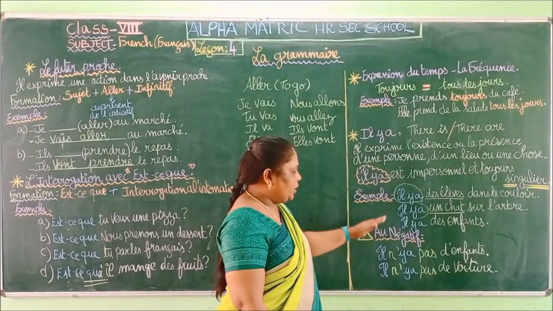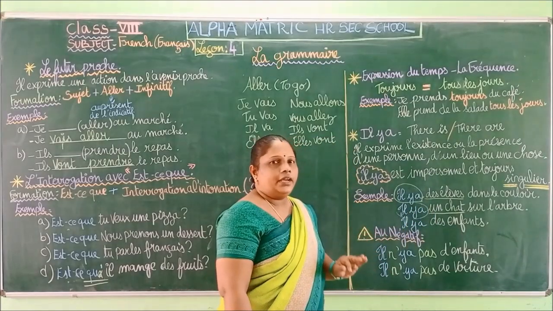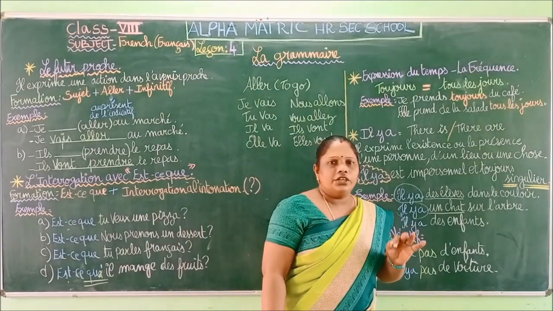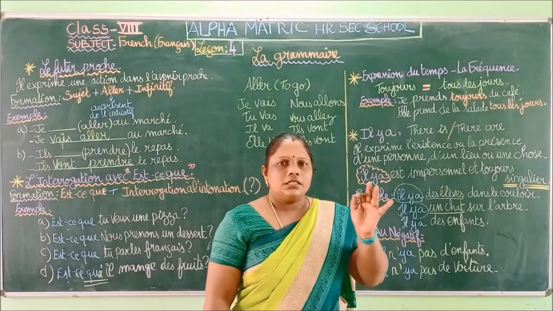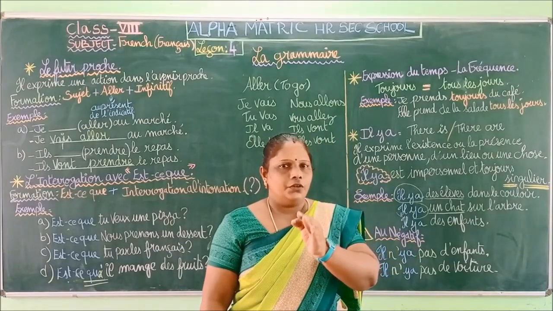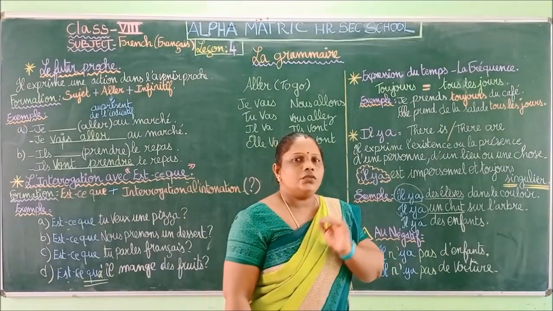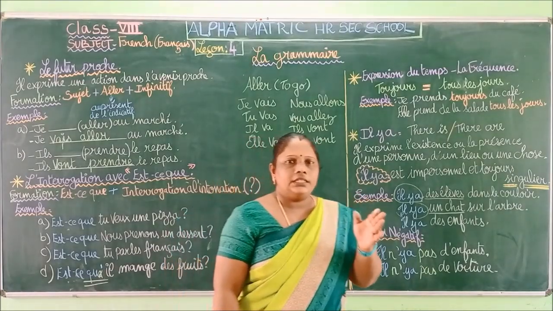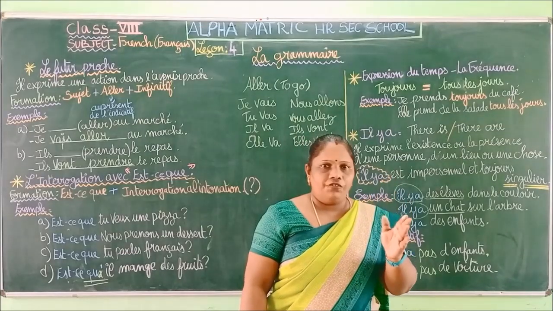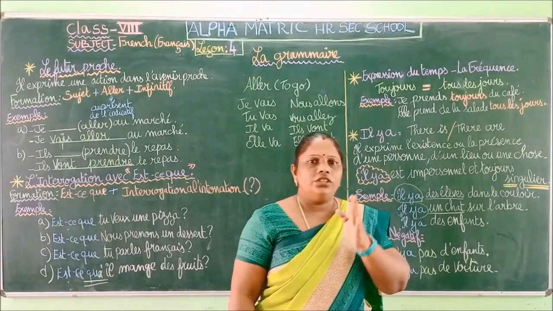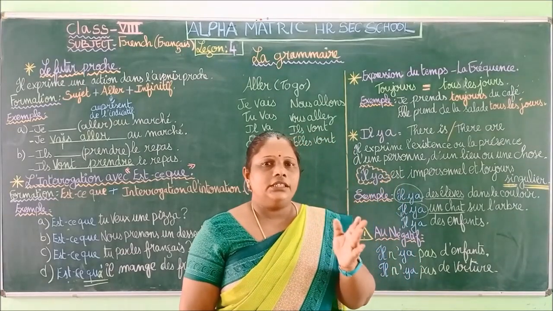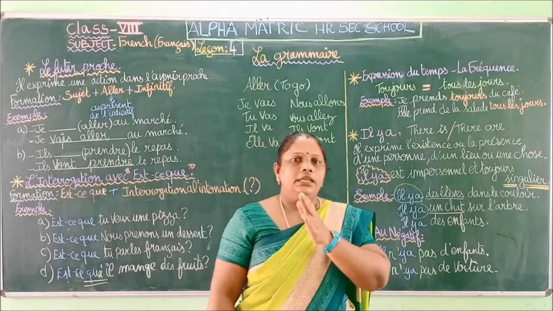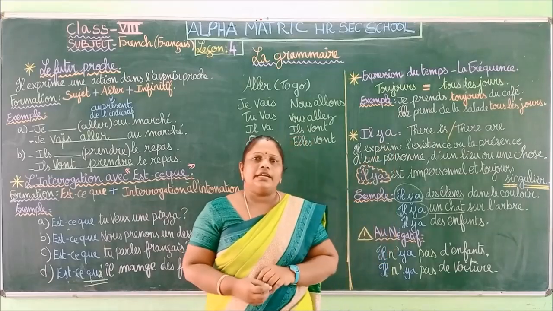So next one, the last part, au négatif. So in the negative form. So for the negative form, what is the format? Subject plus ne plus verb plus pas. Okay, so we already learned this many times. And when we have an article indéfini, un, une, des, what will come in a negative form?